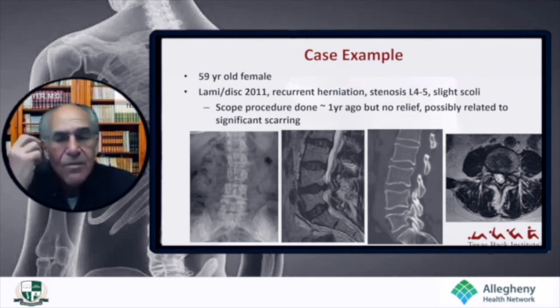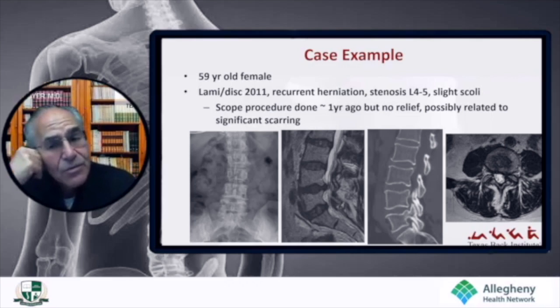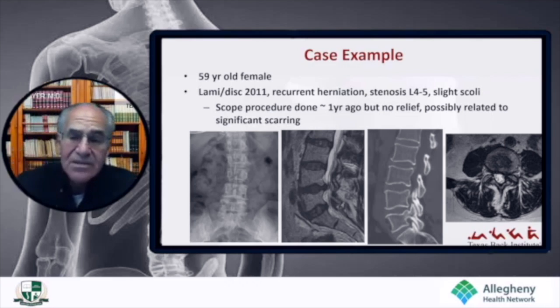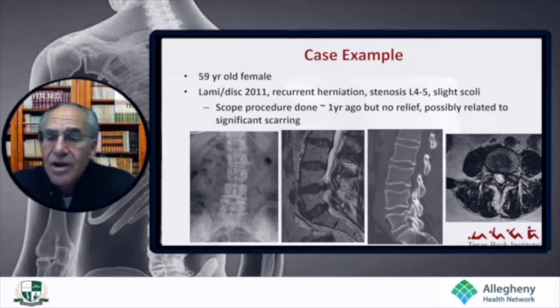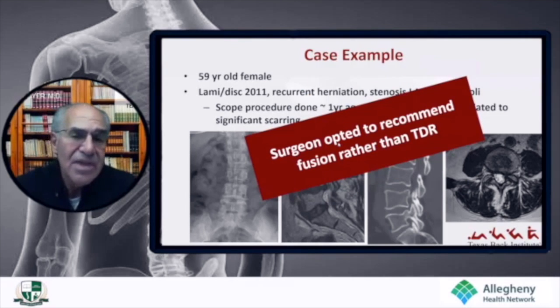And you can see in the far right, she had the severe lateral recess stenosis, as well as the marked compression on the left side of the thecal sac. So rather than to do a TDR, it was felt this patient would do better with the fusion. And also you can see the little lateral listhesis on the AP view as well.